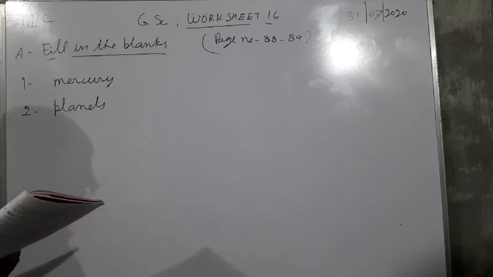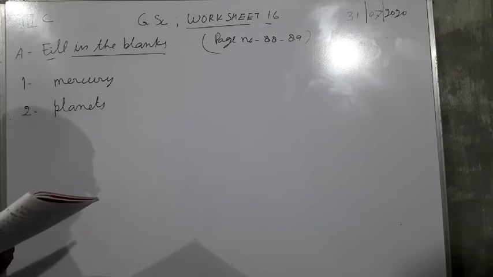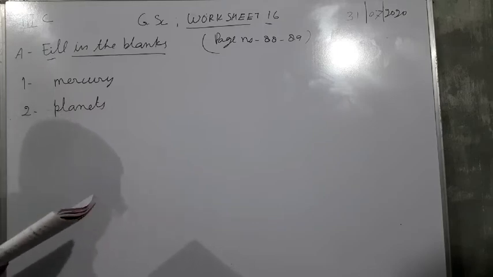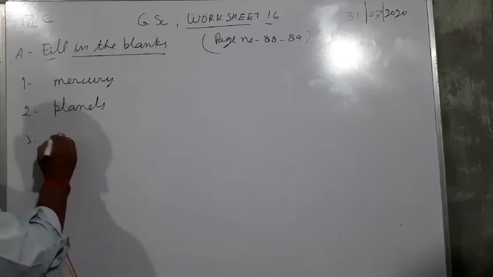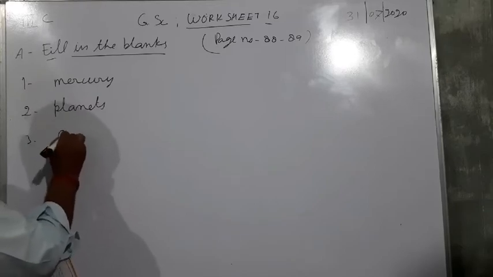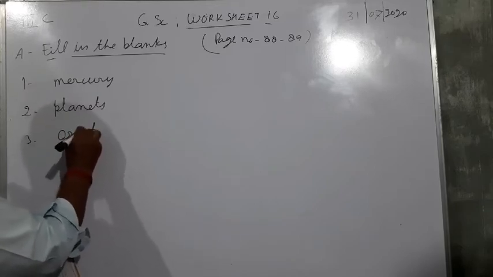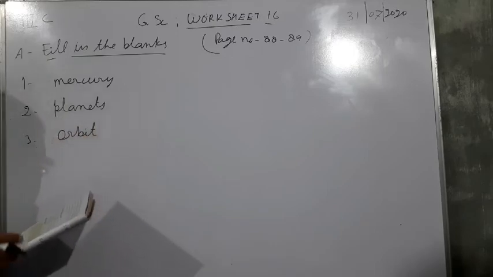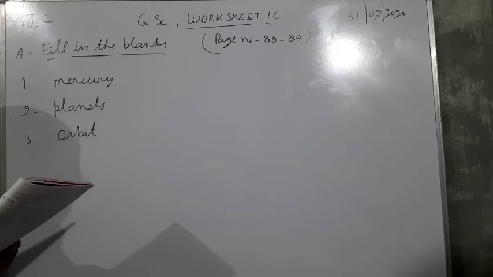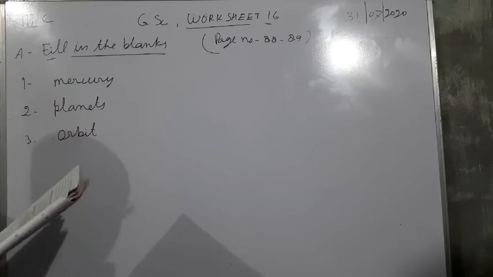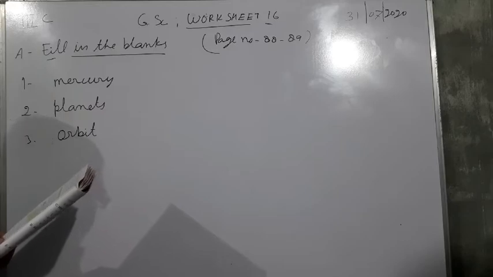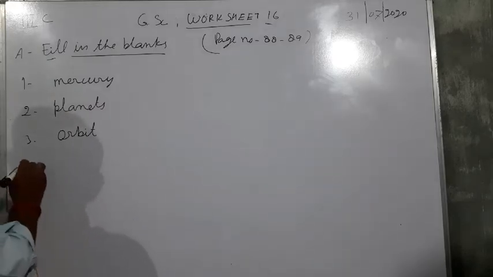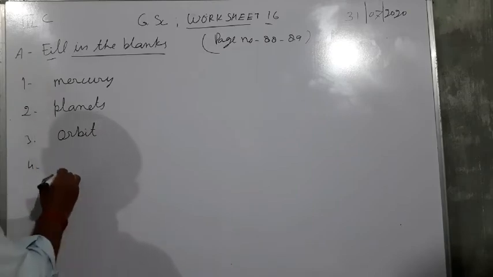Now third you see, the planets move on a fixed path called the orbit. So third you have to fill orbit. The planets move in a fixed path called the orbit. Now fourth you see, the Earth is the only planet where life exists. So here fourth you have to fill the Earth.